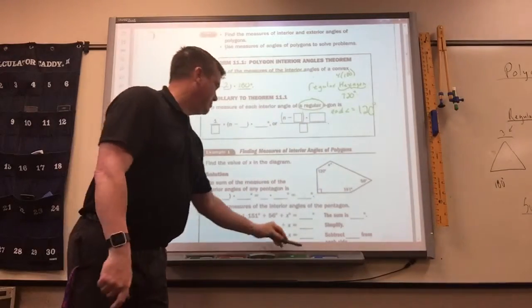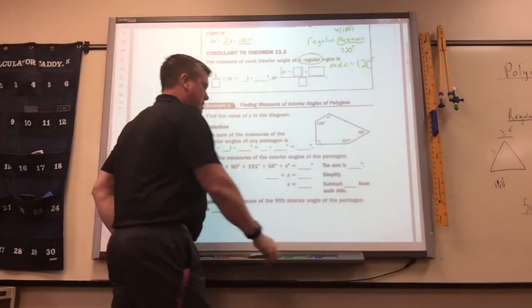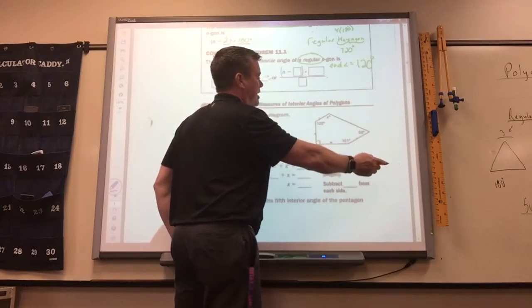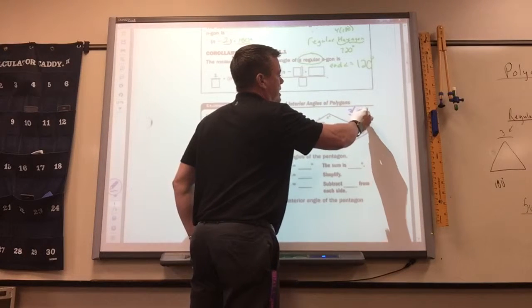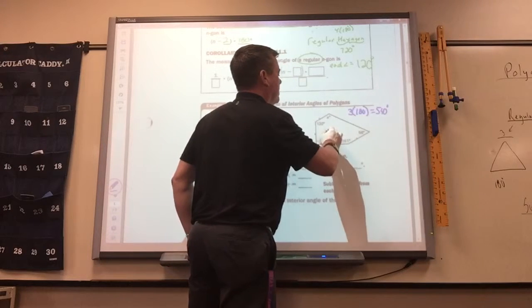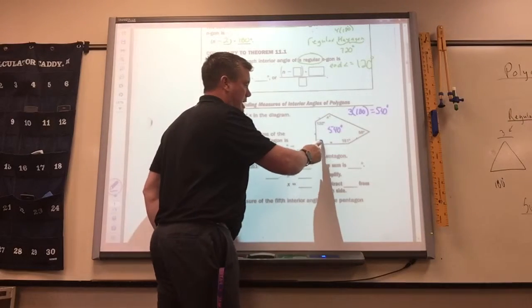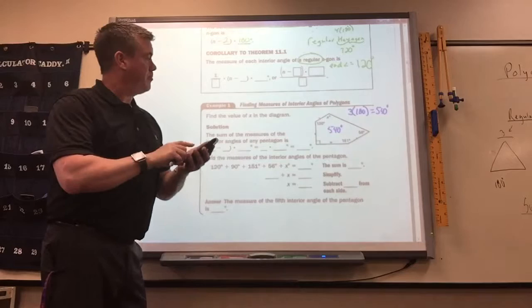So like this one is not regular, it is a 1, 2, 3, 4, 5-sided figure. So take 2 away from that, we would take 3 times 180, and it would add up to 540. So these gotta add up to 540, so all you gotta do is subtract off this, and that to get what x is.